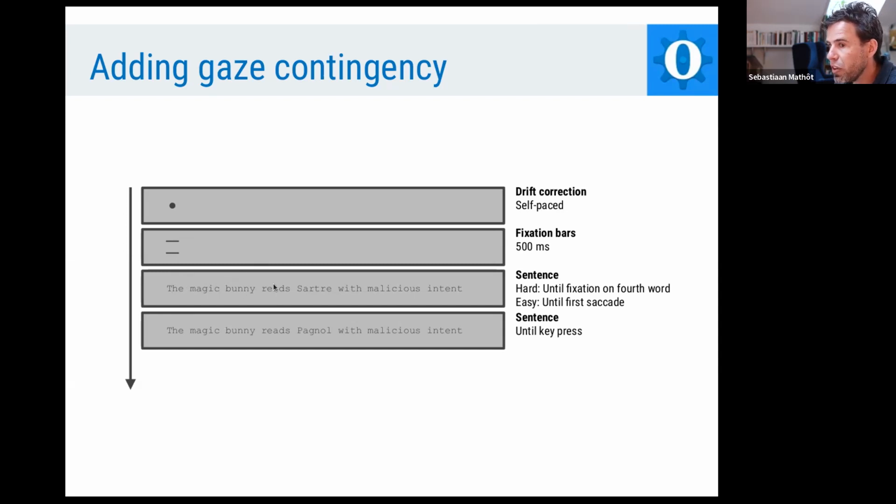As soon as you fixate on reads, you're about to make an eye movement to Sartre. Normally when you're reading, you already have a preview of the thing that you're going to read next, and then you make the eye movement. Now in this boundary paradigm, what you do is replace this preview by something else.